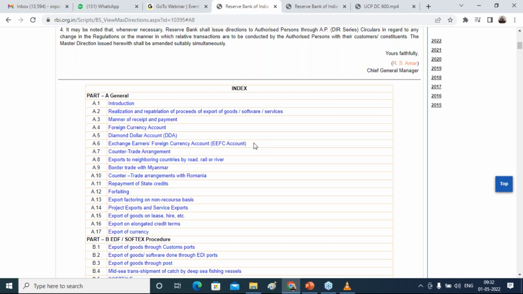This is just an example. But when you are importing, you have to buy the dollars from the bank and then make the payment. When you buy, they charge you 77.